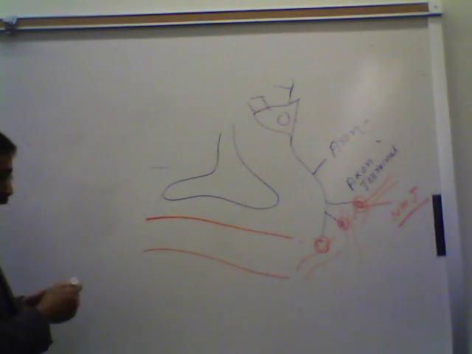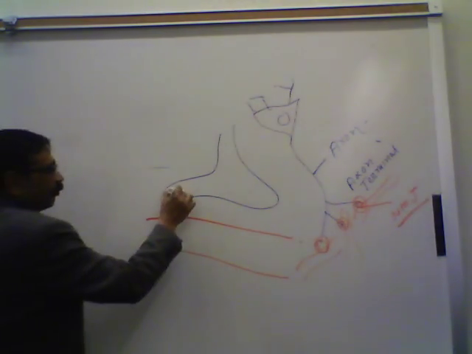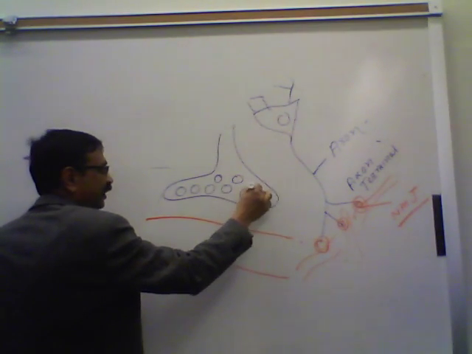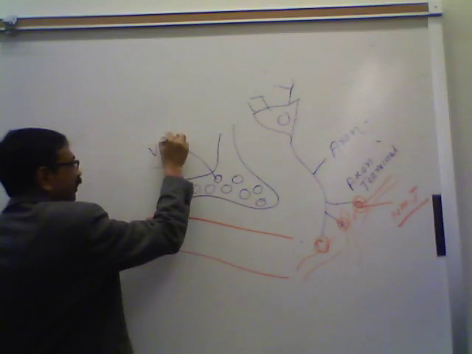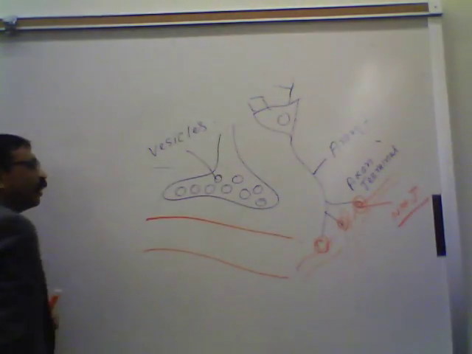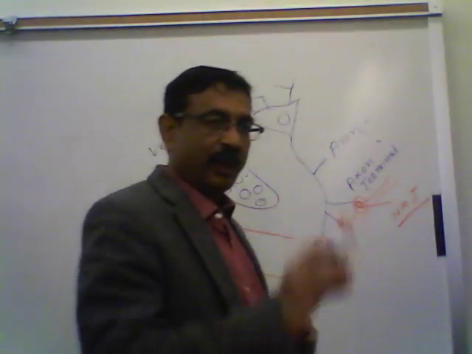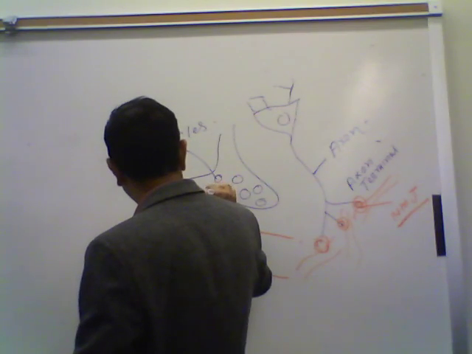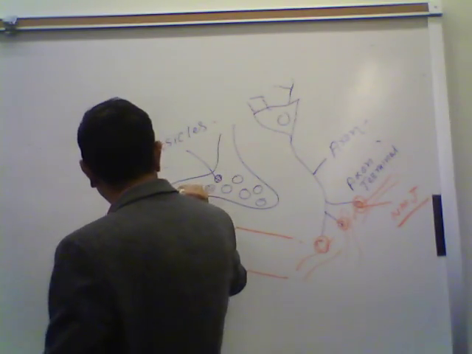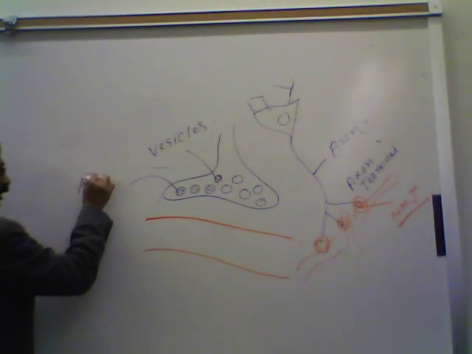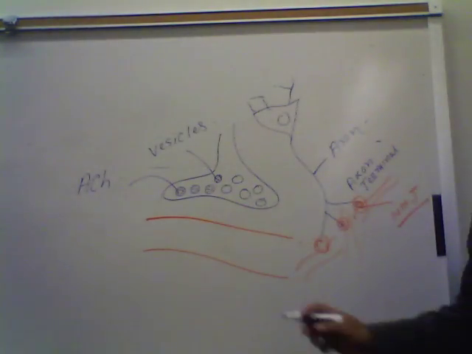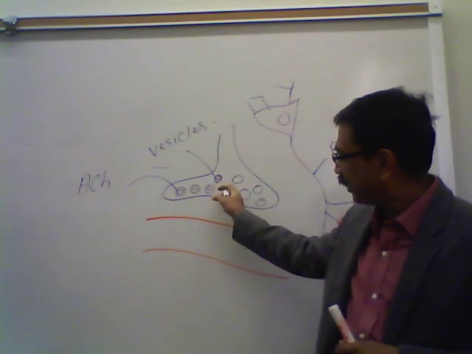In the axon terminal, you have round membranous sacs called vesicles. Inside the vesicles, you have the neurotransmitter. This neurotransmitter is called acetylcholine, ACH. Probably you have heard this name. Acetylcholine is the neurotransmitter inside the vesicles.